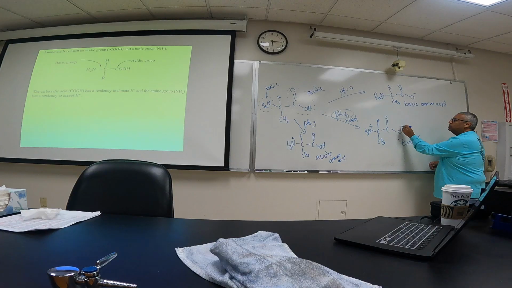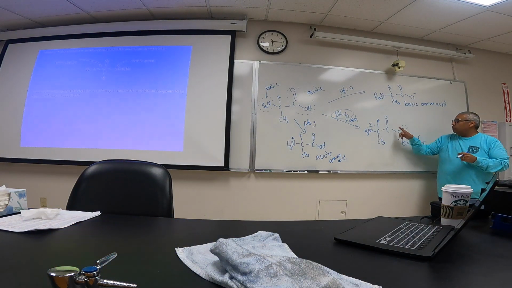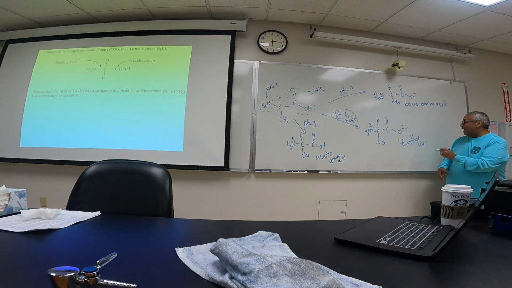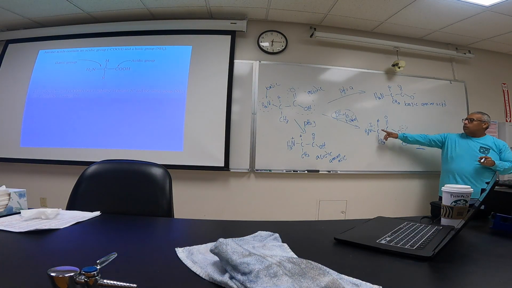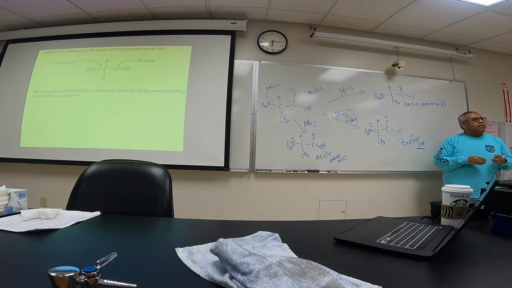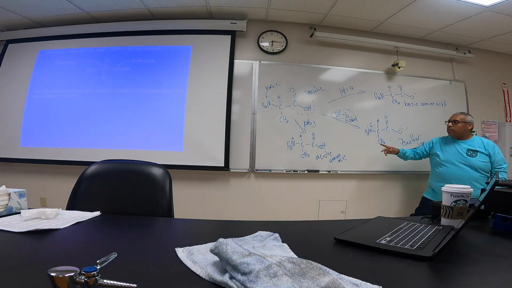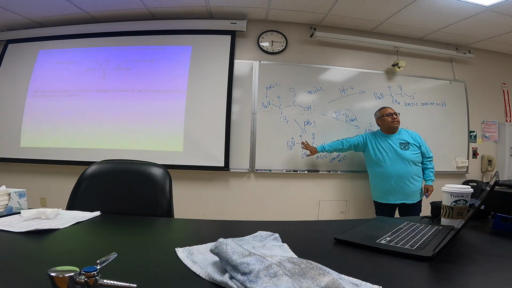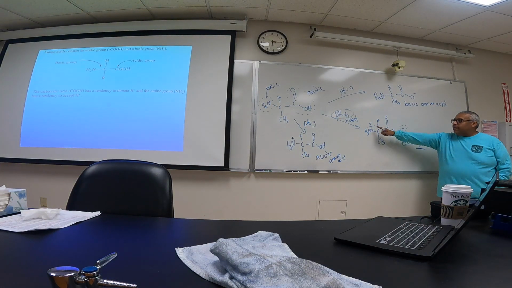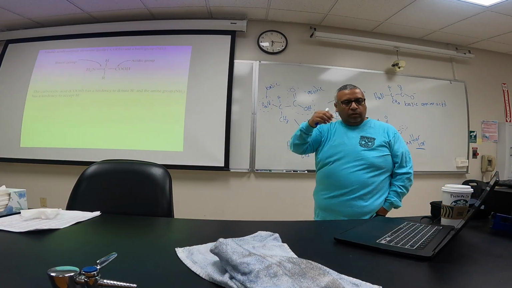We have this charge here, and we have this charge here, and this charge offsets this charge. A Zwitter ion is an ion that contains both positive and negative charges. Right? This one just contains a negative charge. This is a basic amino acid. This one contains a positive charge. This is an acidic amino acid. And this is our Zwitter ion, and it contains both positive and negative charges.